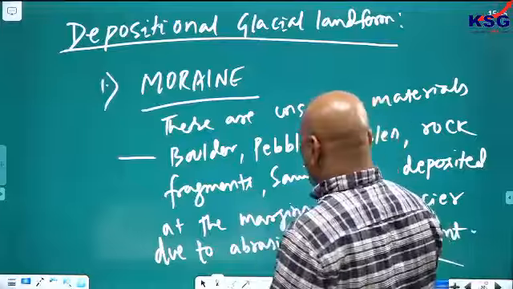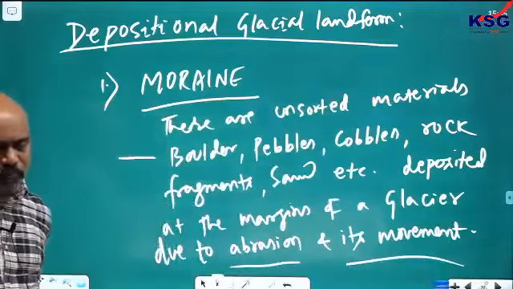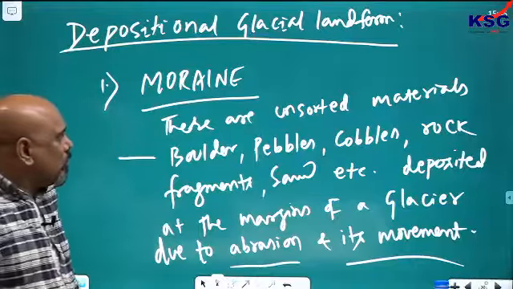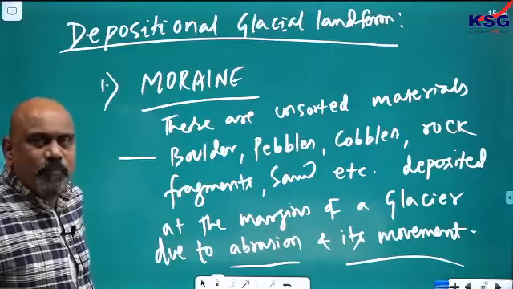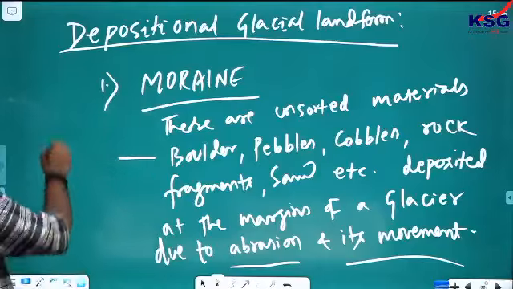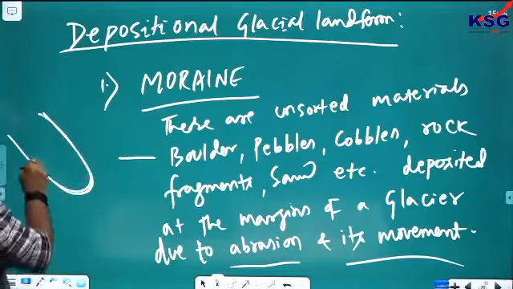While a glacier moves, there is abrasion. When a glacier moves and there is abrasion, the material gets deposited on its way.